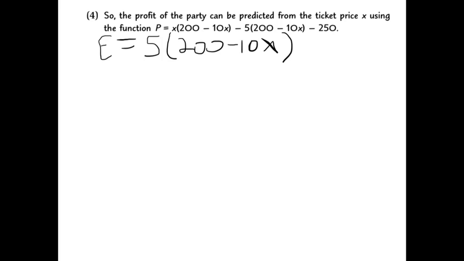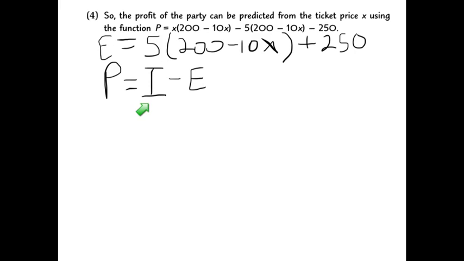That was the function C. But there's also $250 in fixed costs for the DJ, security, and cleanup. So now we're looking for a profit function. And profit is always P. P equals I minus E, where I is the income and E is the expenses.